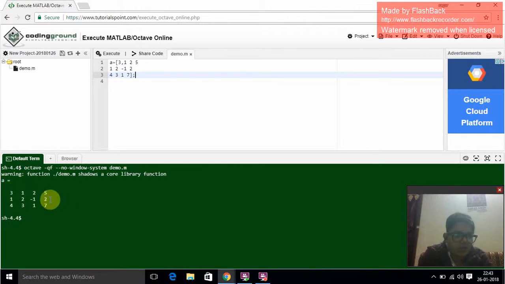The first row in the form of an equation is 3x plus y plus 2z equals 5. The second row is 1x plus 2y minus z equals 2. The third row is 4x plus 3y plus z equals 7.